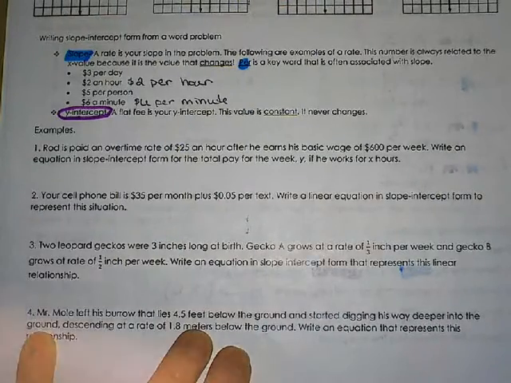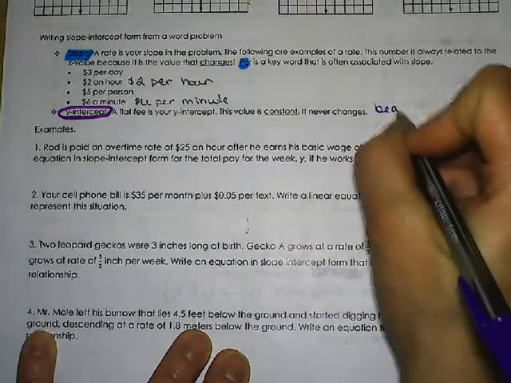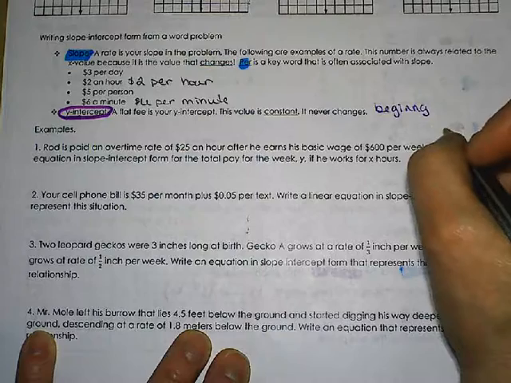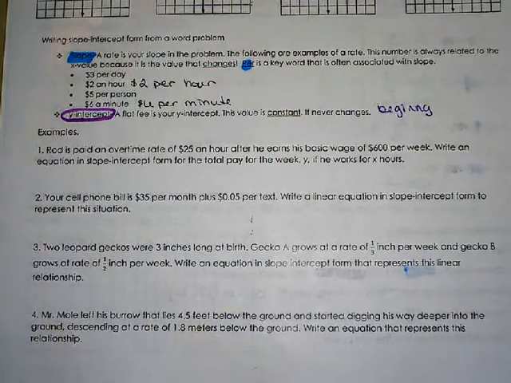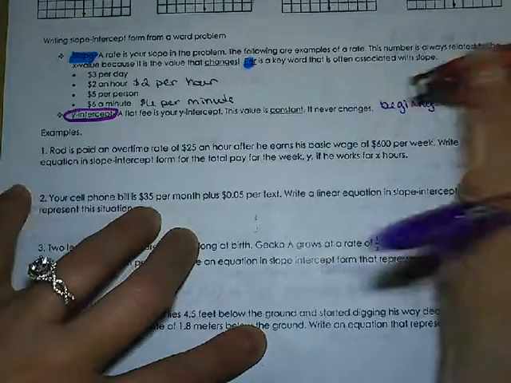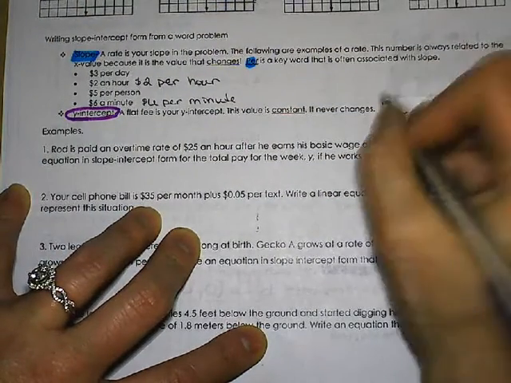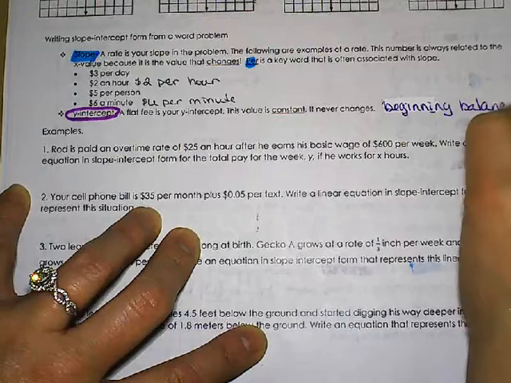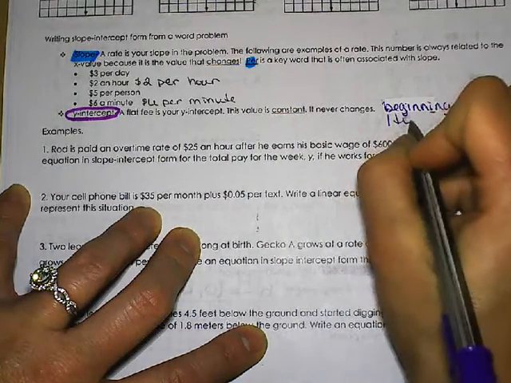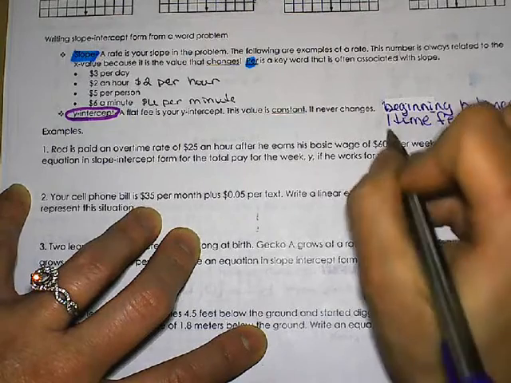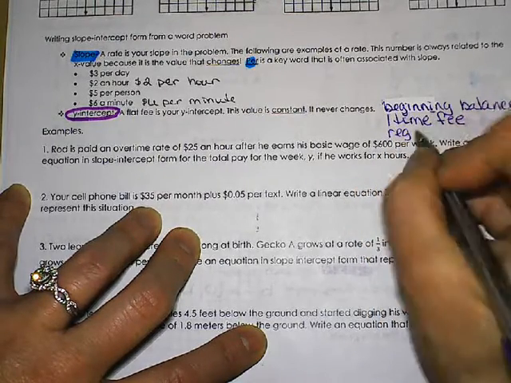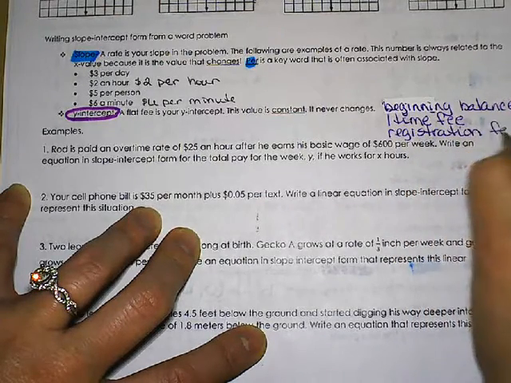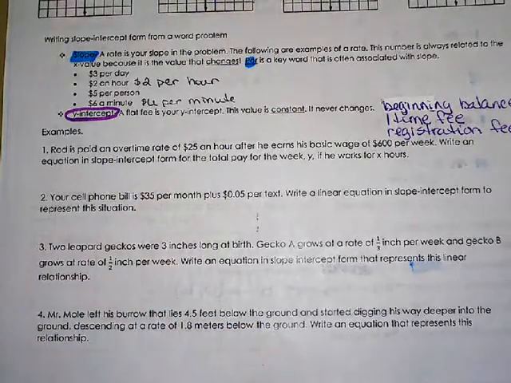Some of the things that you might see with the Y-intercept are a beginning balance, a one-time fee, a registration fee, or a sign-up fee.